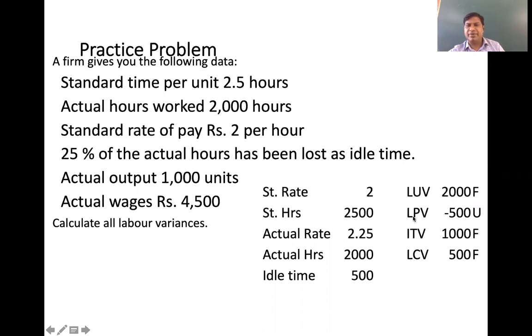This is idle time variance, 1,000, favorable. So this is favorable, this is unfavorable, and this is favorable. This figure is by mistake wrong.